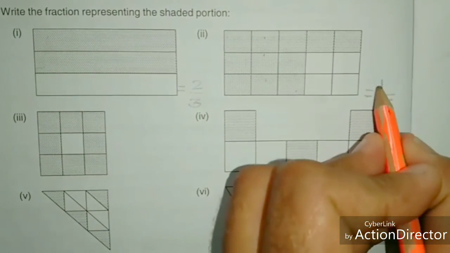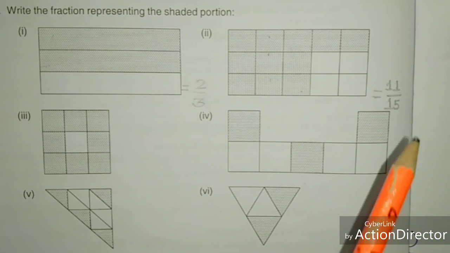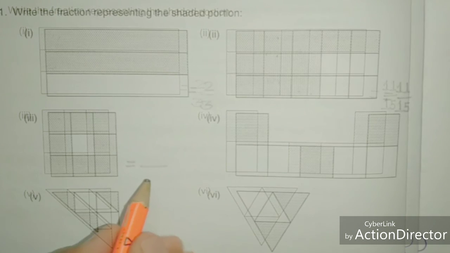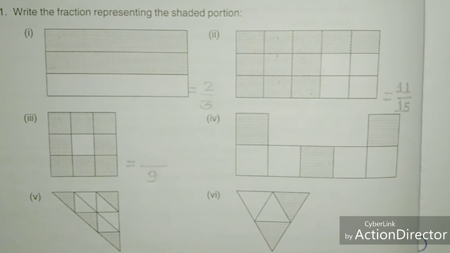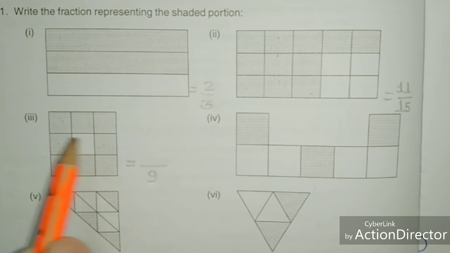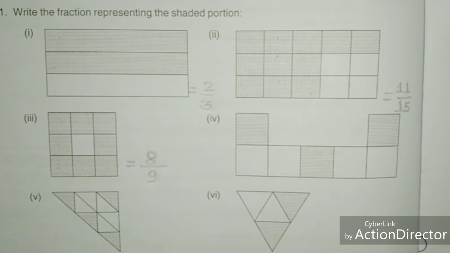Total shaded parts 11. So we read this fraction as 11 upon 15. Next, we write 9 in the denominator and total shaded parts 1, 2, 3, 4, 5, 6, 7, 8. So the fraction form of this figure is 8 upon 9.